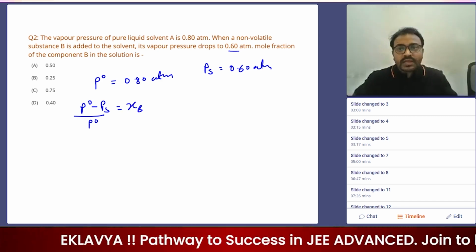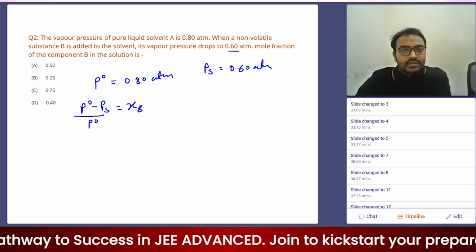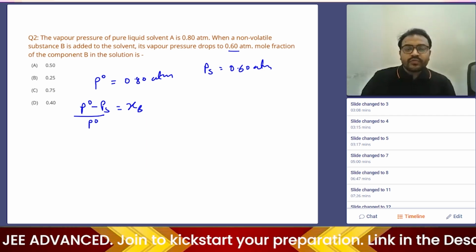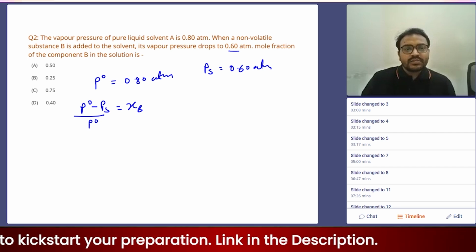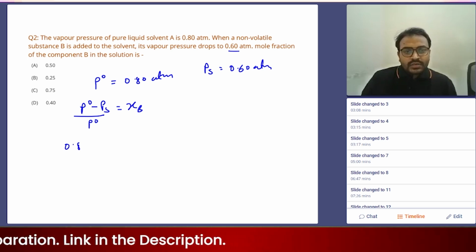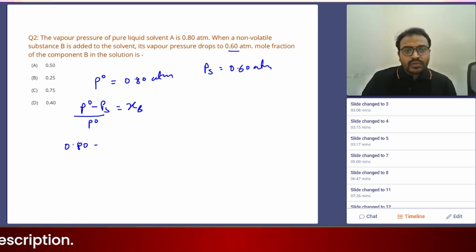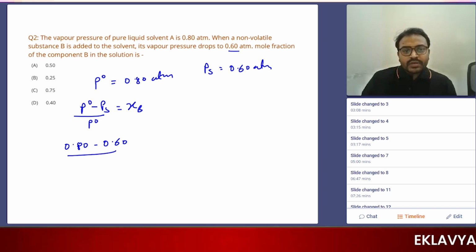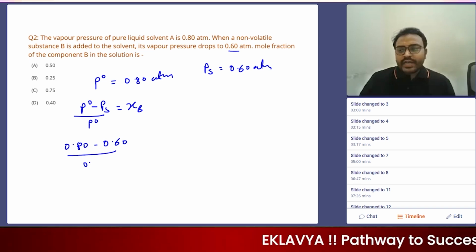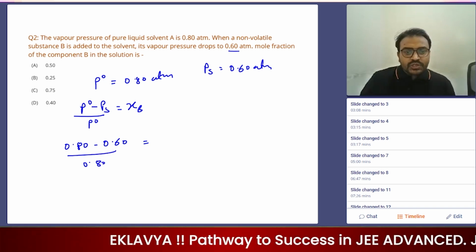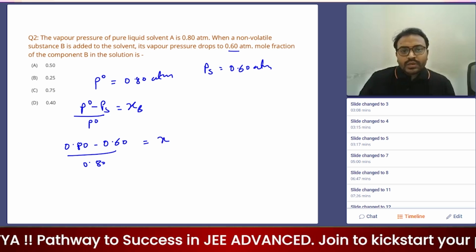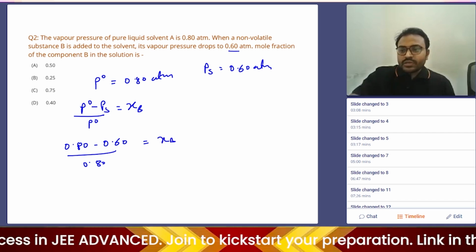Okay, that is a colligative property. So we can use this colligative property to find the mole fraction. The P naught value is given, 0.80, minus the PS value given, 0.60, divided by the P naught value also given, 0.80, equal to mole fraction of solute.